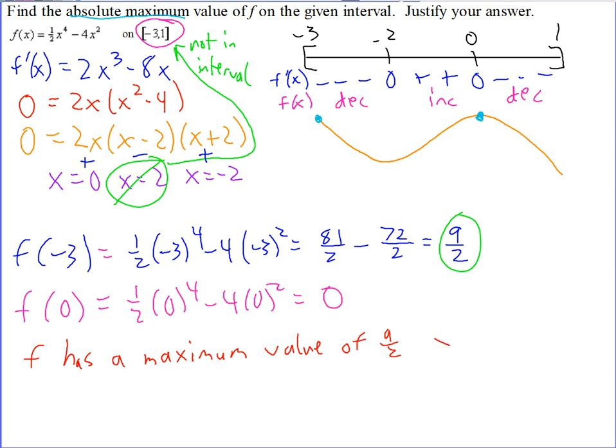At -3. And then to justify it, you can really just specify the ones you compared, since f of negative 3 is greater than the others. As long as you're drawing your number line to show your analysis there, then you can use that as your justification.